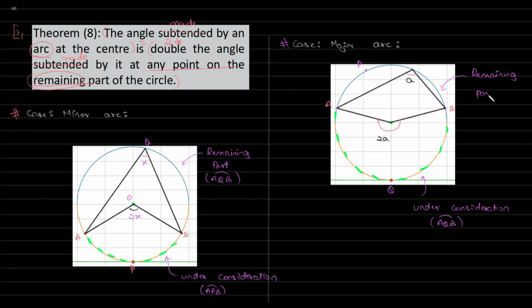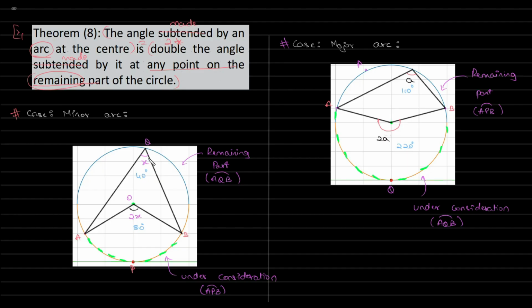Remaining part is APB. So if this is 2A, that's A. So let me put across an example. Say this is 220 degree. So this will be 110 degree. Say this is 80 degree, and this will be 40 degree. At the center, it will be double that of the circumference, whatever angle is subtended by the arcs with the circumference. So this is your theorem.